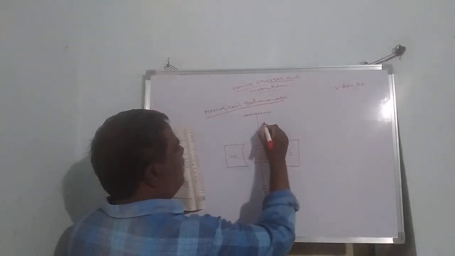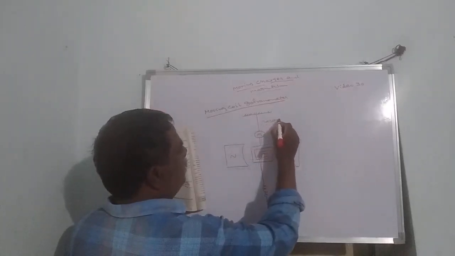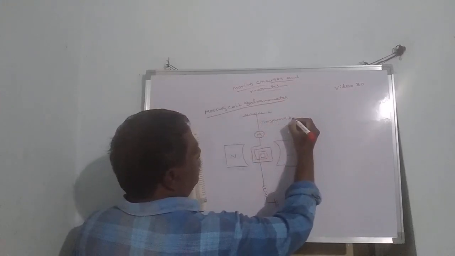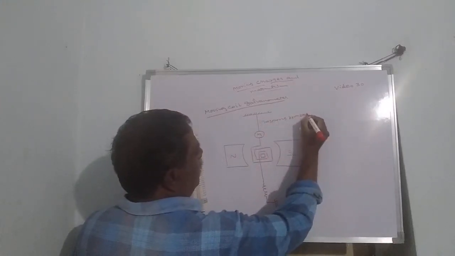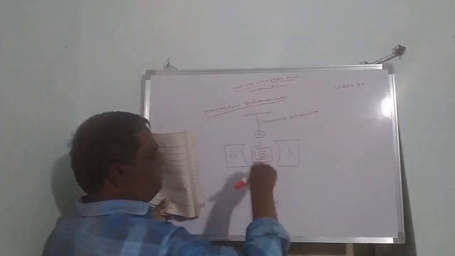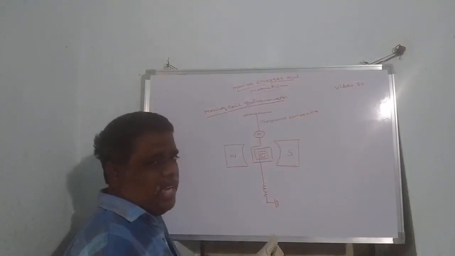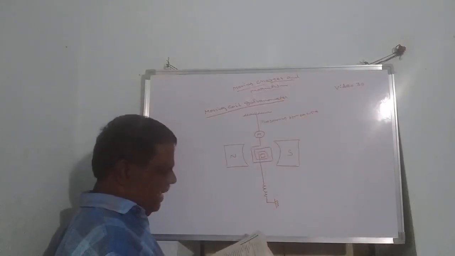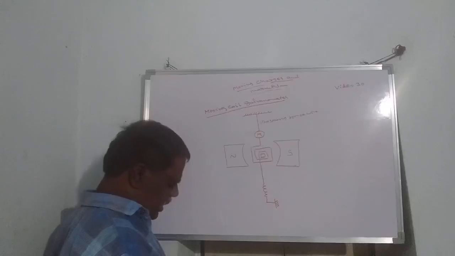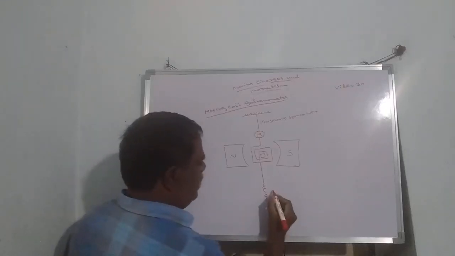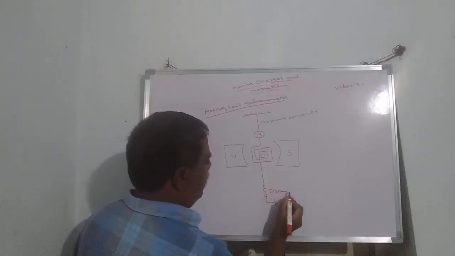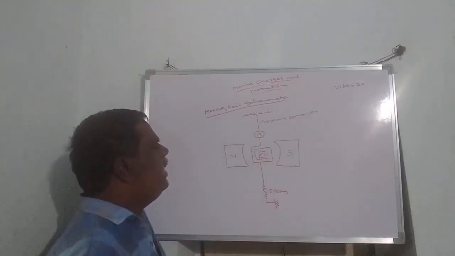This is the phosphorus bronze wire. The whole setup is kept inside a brass case provided with a glass window. This is the spring.